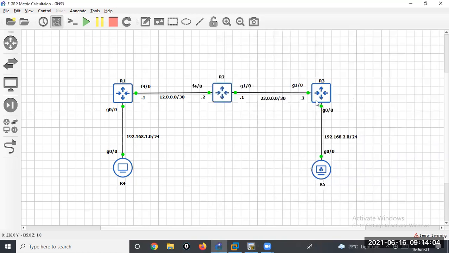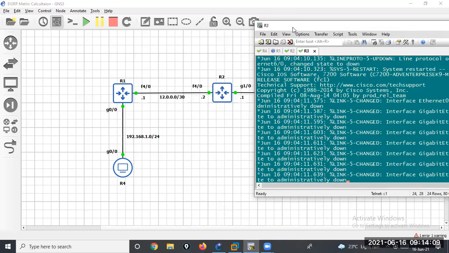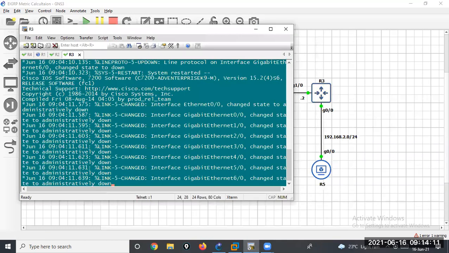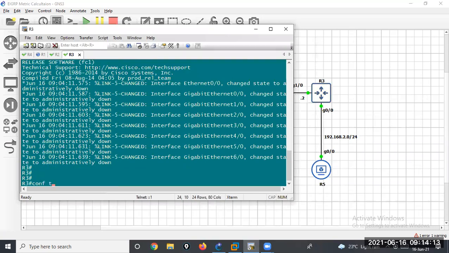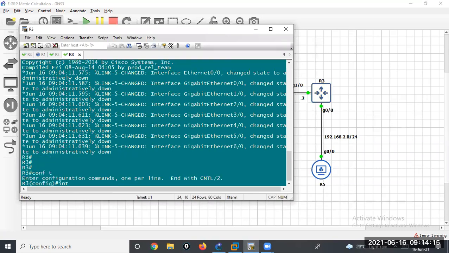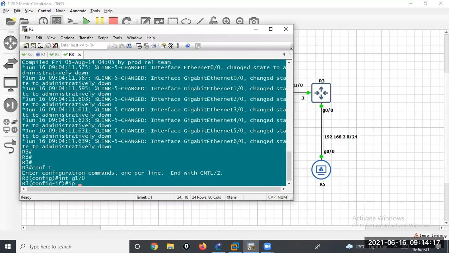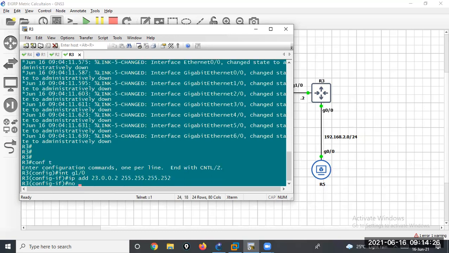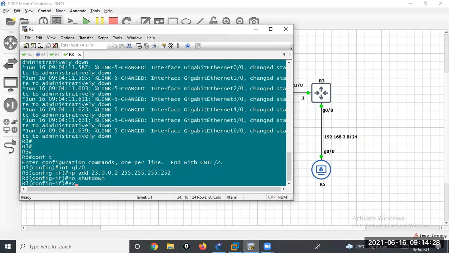Now click on router 3. Configure terminal. Interface G1/0, IP address 23.0.0.2, 255.255.255.252, no shutdown, exit.